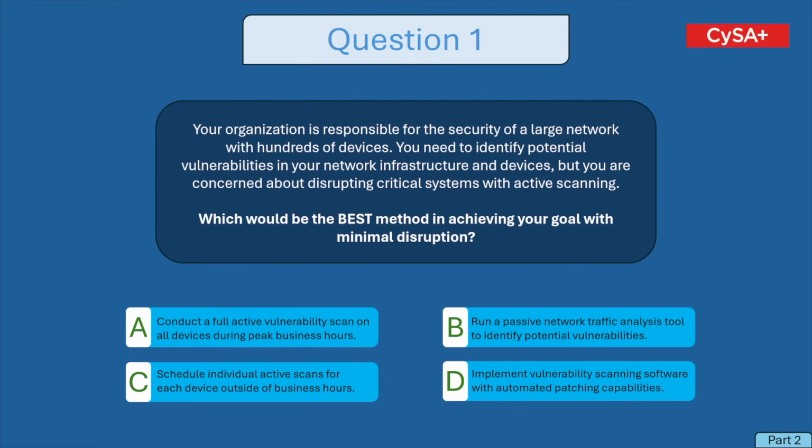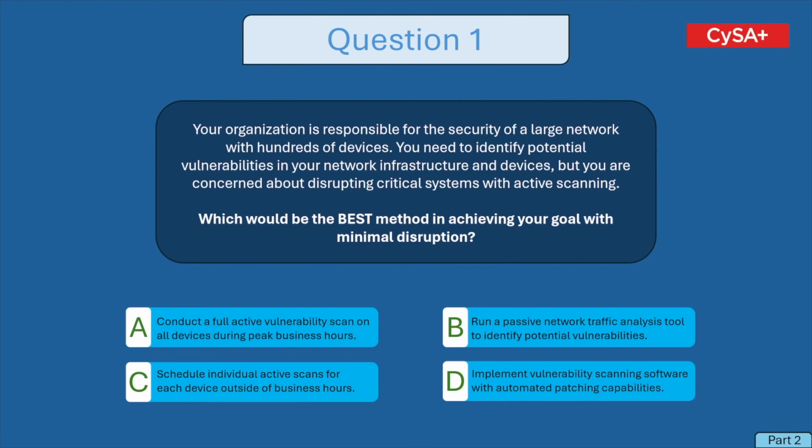Alright, so this is a pretty straightforward question, I would say here. It's pretty much asking which of the following is a passive scan, right? That's what the scenario in question's asking. And a passive scan is a technique used to gather info about a system or a network without directly interacting with it.